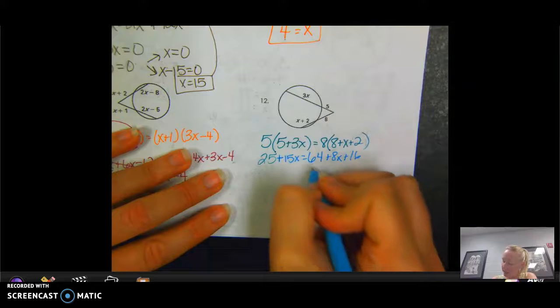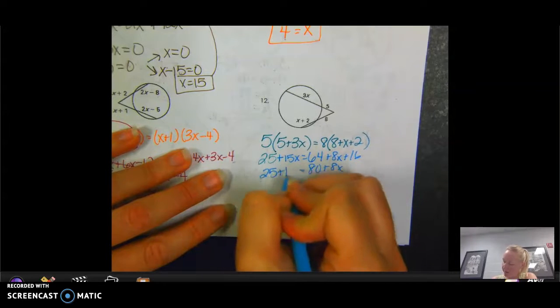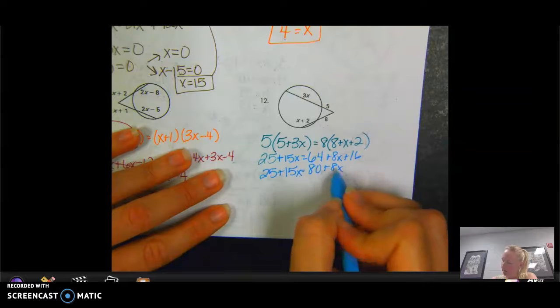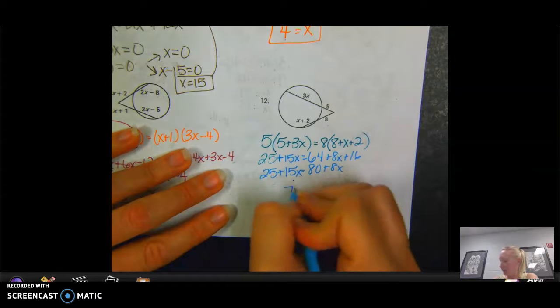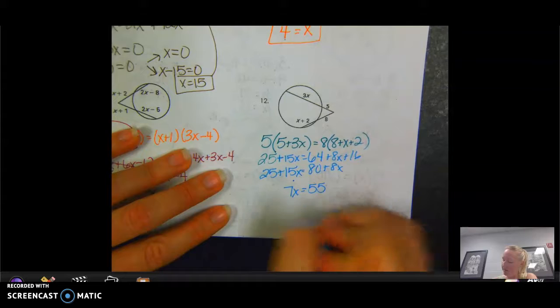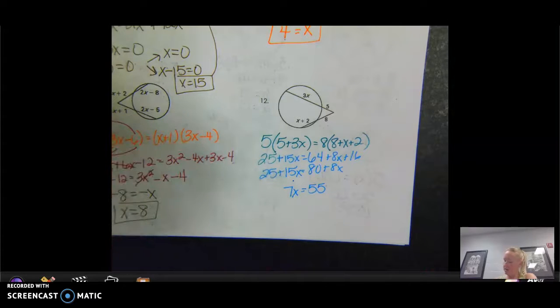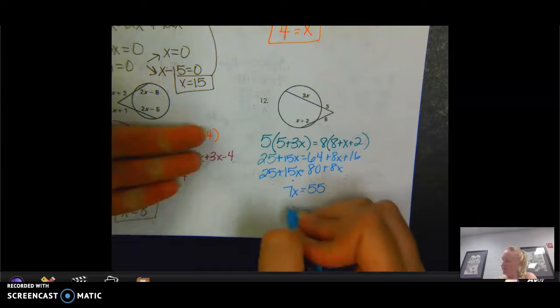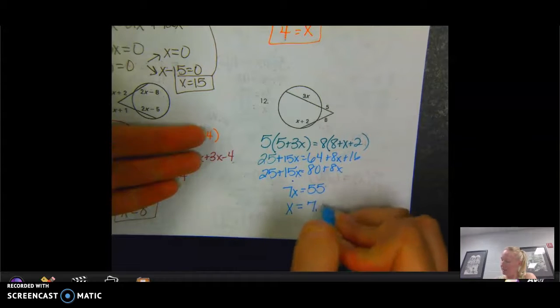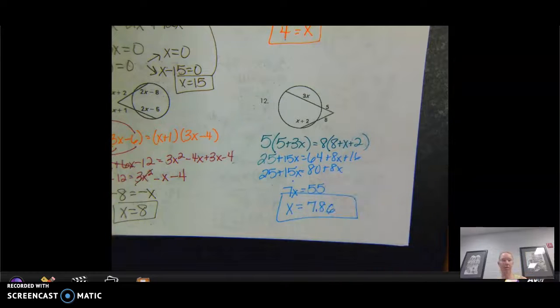Combine like terms on this side and I get 80 plus 8x equals 25 plus 15x. I'm going to subtract 8x on this side, so I get 7x. And I'm going to subtract 25 on this side to give me 55. Hopefully I've done all my math here correctly. Divide by 7. And I get x equals 7.86, rounded to the nearest hundredth.